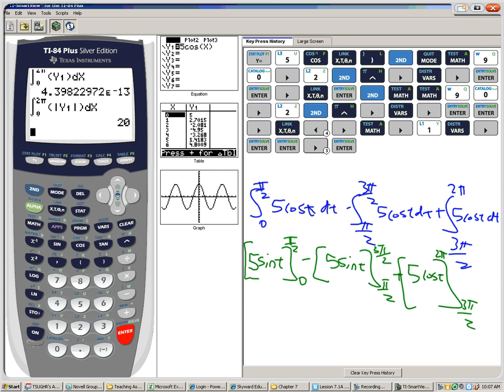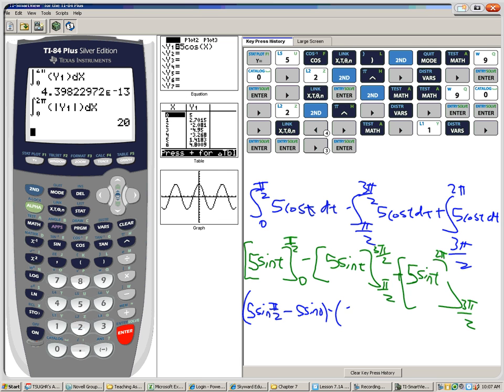And the key here is that all of the sines will end up working out here. So we're going to get 5 sine of pi over 2 minus 5 sine of 0.